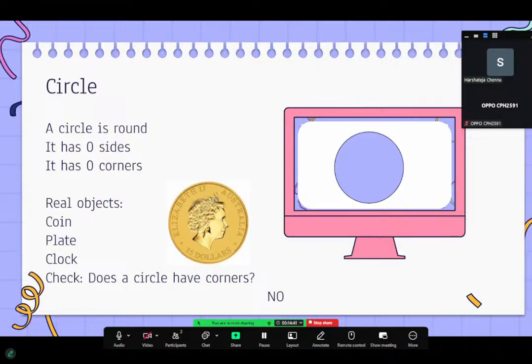But if there aren't corners in the shape, then it is a circle. So that's an easy way to check if something is a circle or not.